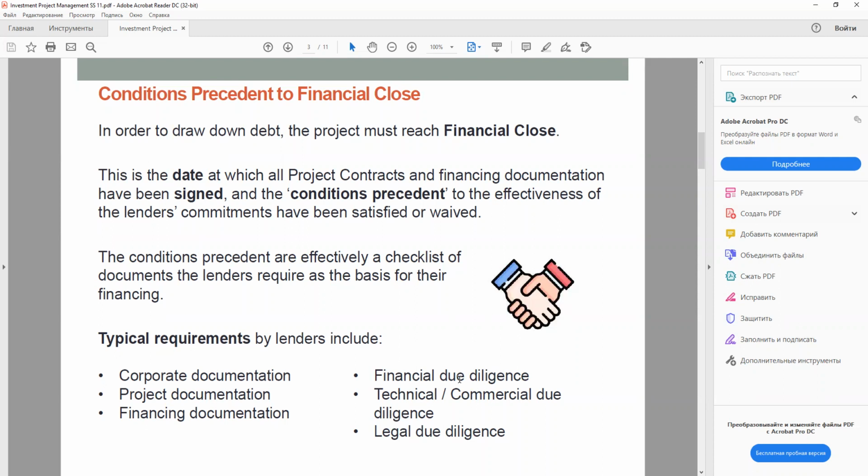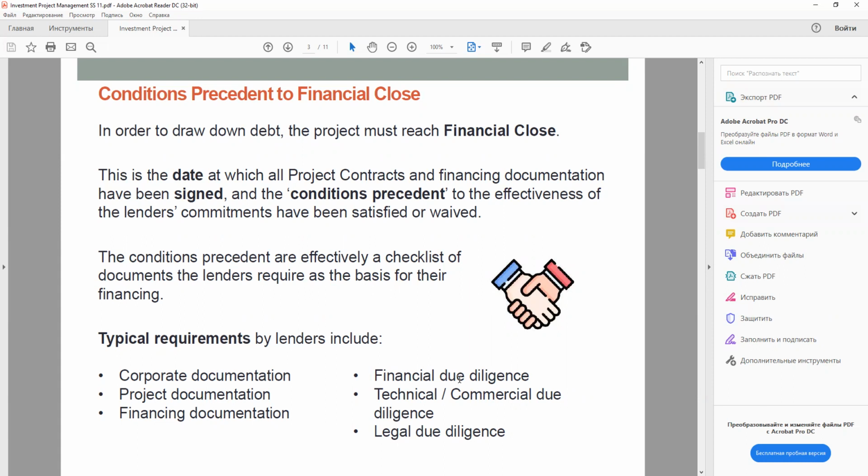Some CPs may not be achievable when the loan documentation or project contracts are signed, and so a distinction may be added between CPs which are available at signing and conditions subsequent, which have to be fulfilled before financial close can be reached. If this is the case, the original signing may be referred to as a dry closing.